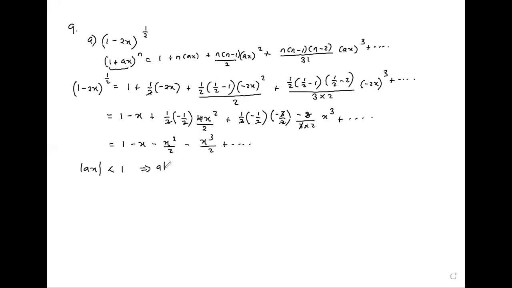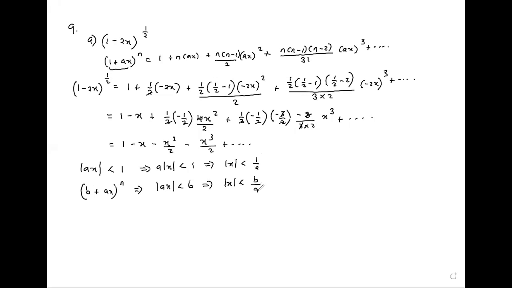Extract a as a positive number, without leaving a negative inside, so that you have the modulus of x less than 1 over a. This happens even if it was (b + ax)^n. You just make sure that b is positive, so that you say the modulus of ax is less than b, and extract a, so you get the modulus of x less than b over a.